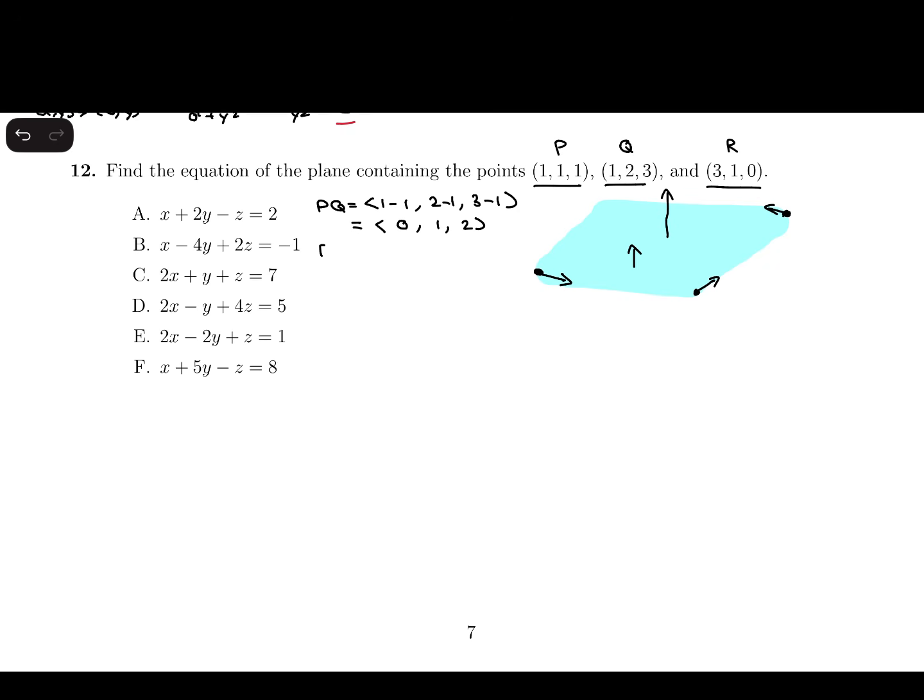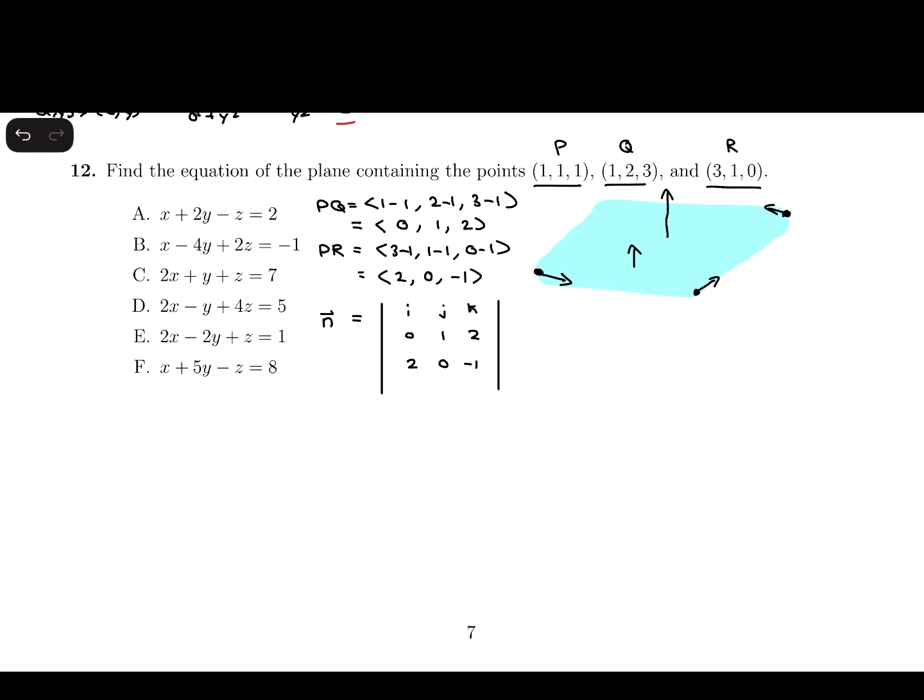Now do the same thing with R, PR, which gets you 3 minus 1, 1 minus 1, and 0 minus 1, which gets you the vector 2, 0, negative 1. Now we can find our normal vector. Our normal vector is the cross product of PQ and PR. So if we set up our cross product right here, you get 0, 1, 2, and 2, 0, negative 1.